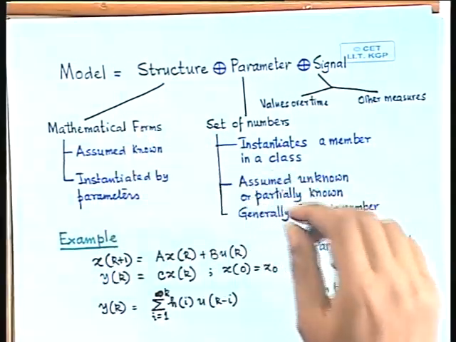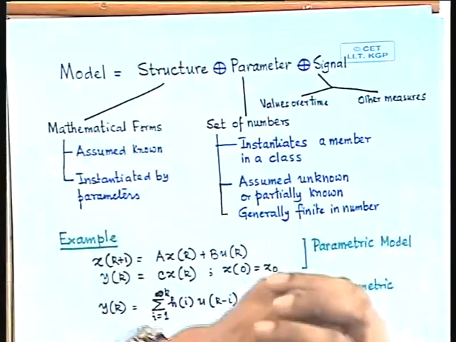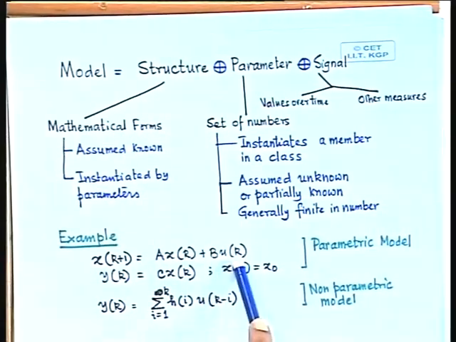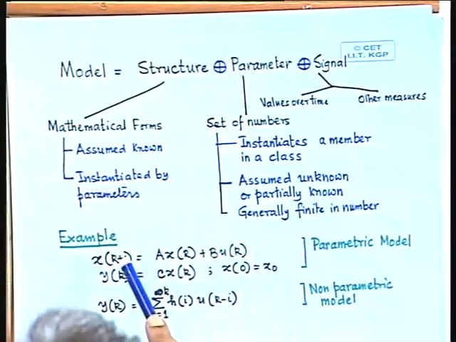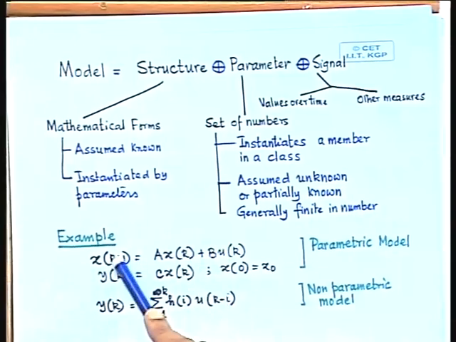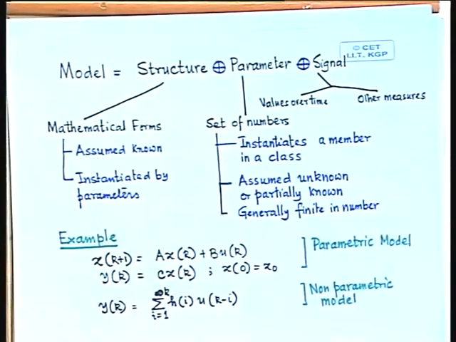So what is the structure? It is a particular mathematical form. For example, if you have x(k+1) = A x(k) + B u(k), with this being a vector and this an n by n matrix, this particular mathematical form is called its structure. That's how things affect one another.